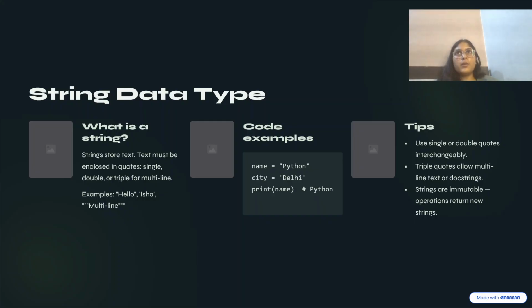Strings immutability. Okay, so you must have heard about the word mutable. Now I am talking about strings immutability. Imagine you are writing your name on a paper. Instead of changing letters, you erase it and rewrite it.